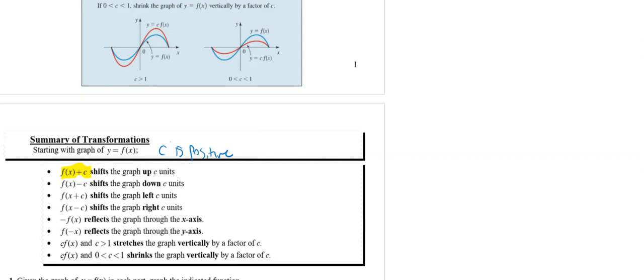If you add a number to the function f of x, it shifts the graph up c units. If you subtract a number, it shifts the graph down c units. Now this may seem a little counterintuitive with adding and subtracting numbers inside the parentheses.